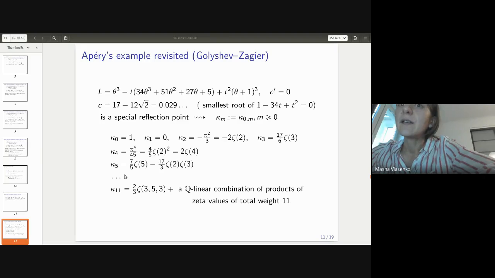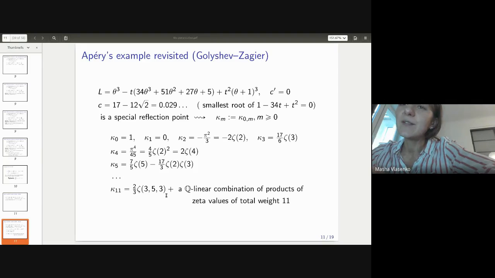And they find out that the higher Frobenius constants are rational linear combinations of products of zeta values. And at point 11, that we went quite high. I mean, the order of the differential operator was 3. They discover even a multiple zeta value, which is something the geometers don't see why.